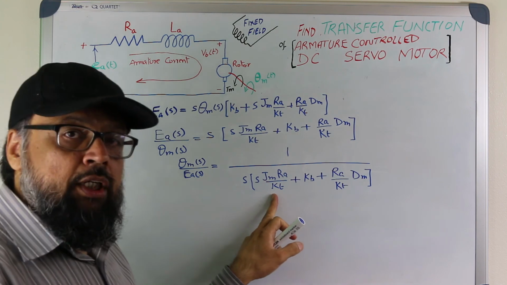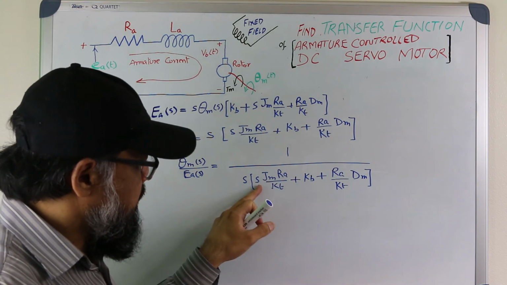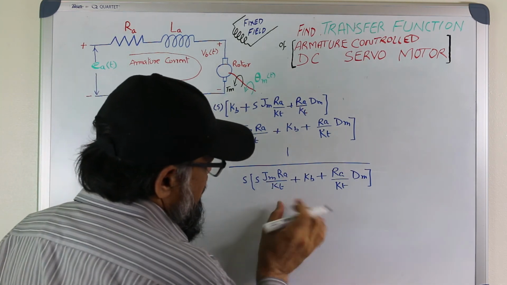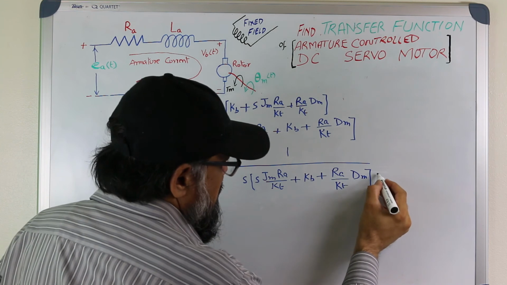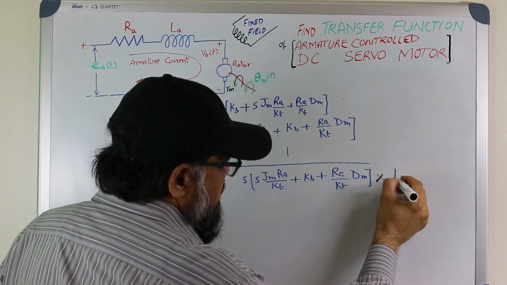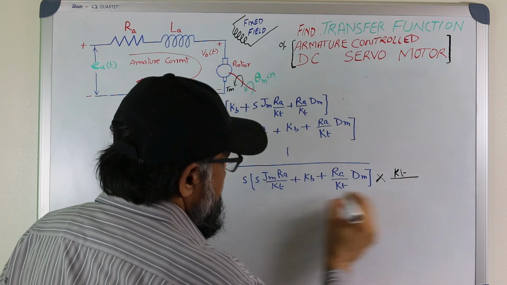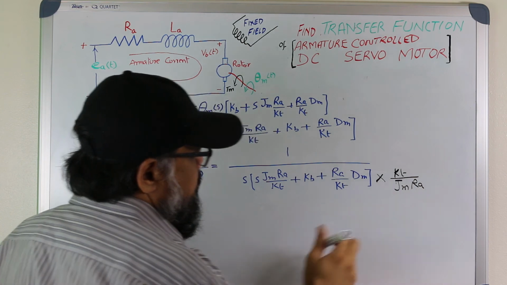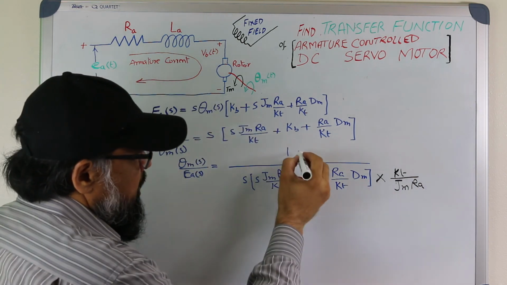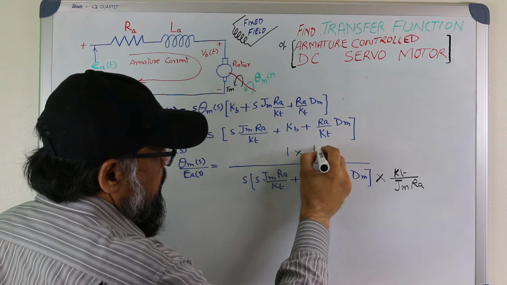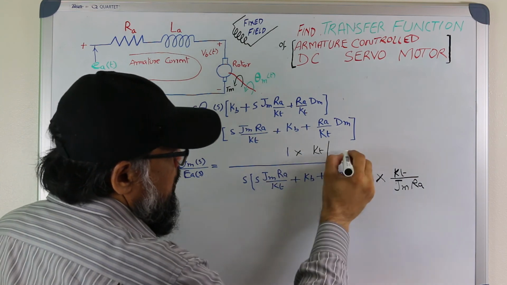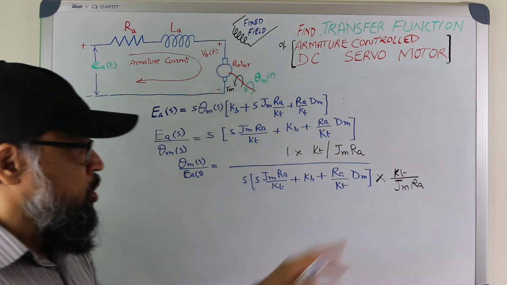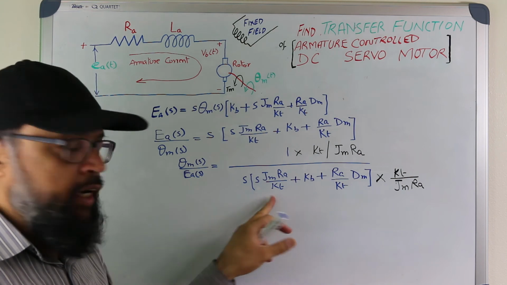So now we want to get rid of this coefficient of S here. So what we can do is we can multiply the reciprocal of this, so it will be multiplied by all these three terms. So we multiply this with K sub T divided by Jm R sub A. So we have to do this in the numerator as well. So multiply in the numerator K sub T divided by Jm R sub A, because we want this coefficient of S to be 1.